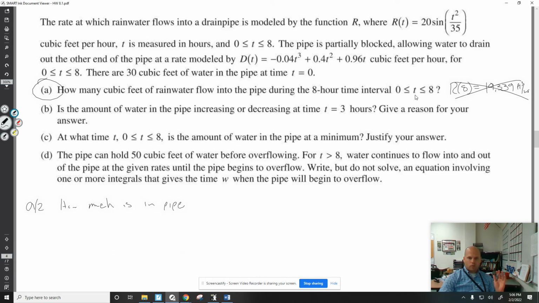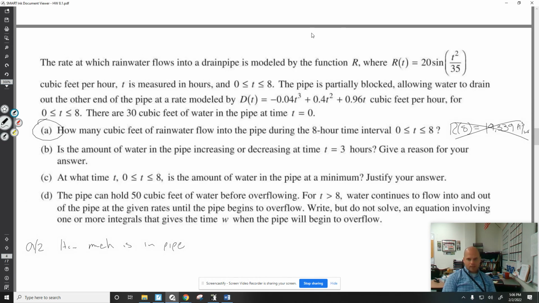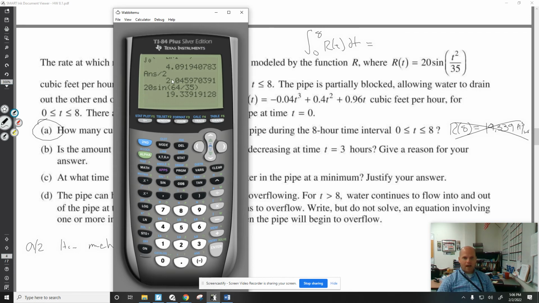But we will remember that areas under derivatives, accumulations of velocity, give us how much we change in totals. And you're not going to plug in 8 to this. Instead, you will use your friend, Mr. Accumulation and Mr. Calculator, because you can't take the antiderivative.